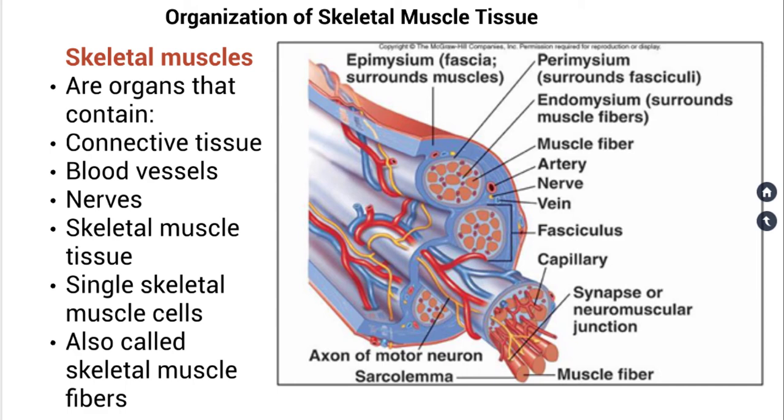The plasma membrane of muscle fibers is called the sarcolemma. The cytoplasm is referred to as sarcoplasm, and the specialized smooth endoplasmic reticulum, which stores, releases, and retrieves calcium ions, is called the sarcoplasmic reticulum.